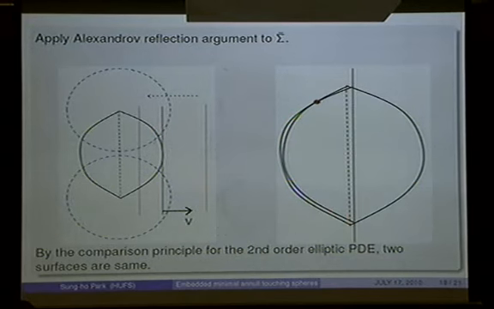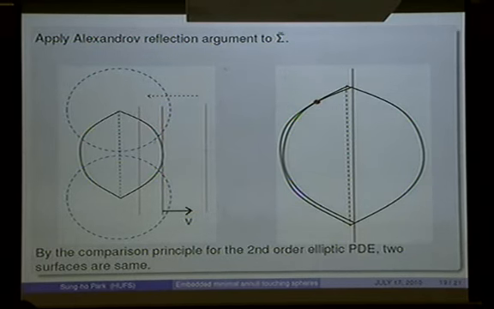Then I apply the Alexandrov reflection argument to sigma tilde. I fix the horizontal vector V, and I consider the planes perpendicular to V. I move from far away toward sigma tilde, and I start to reflect the surface.